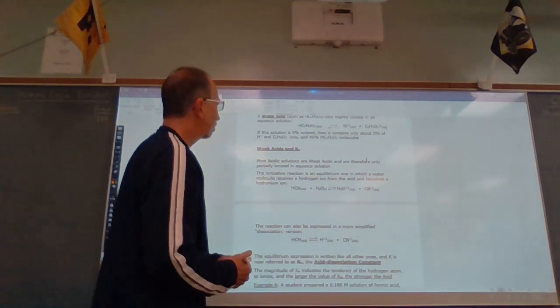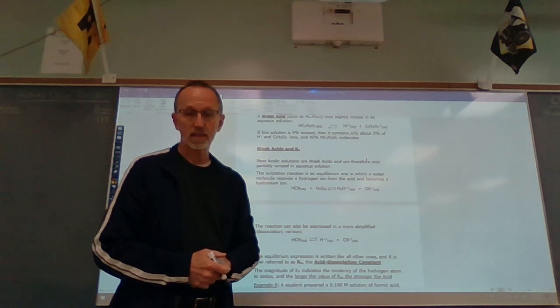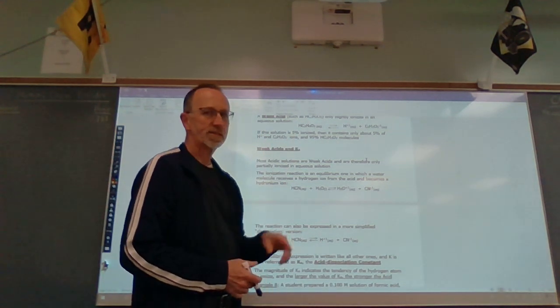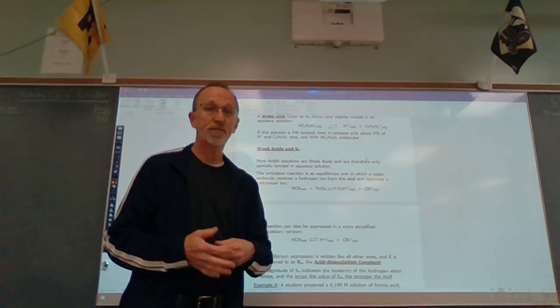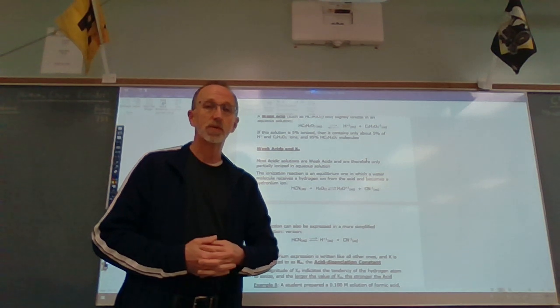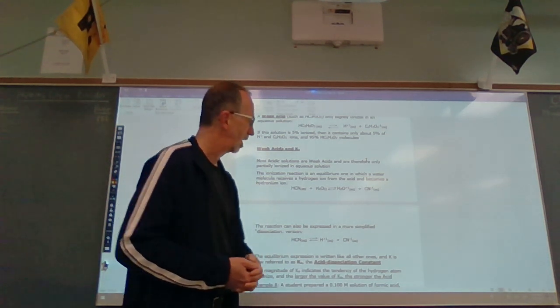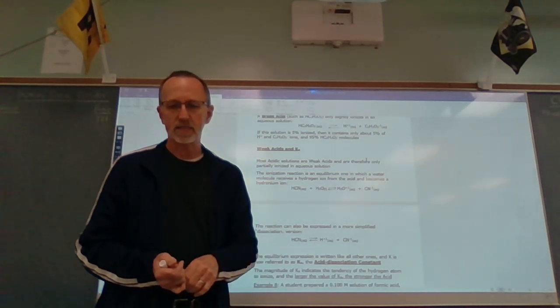So here's one of them, acetic acid. If this solution would be 5% ionized, which would mean 5% of its molecules at equilibrium would have ionized, the other 95% would have remained unionized. Let's look at that as an example.